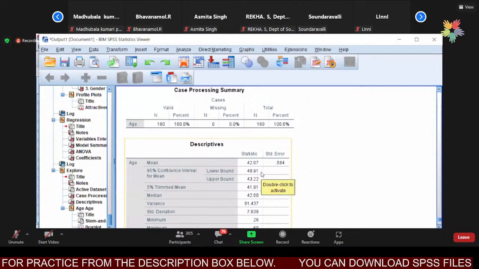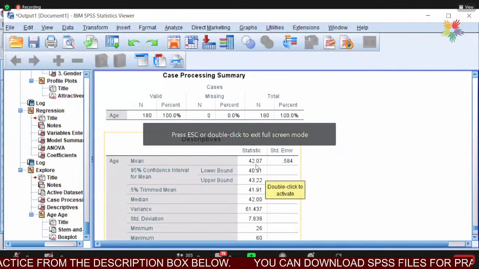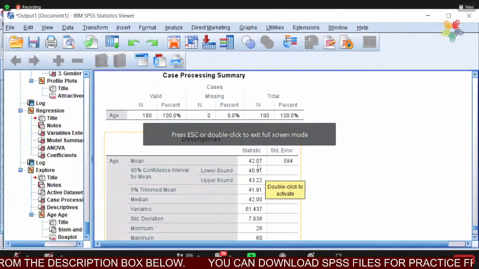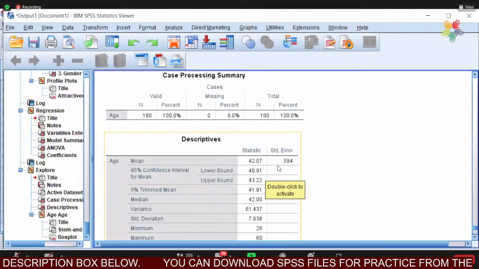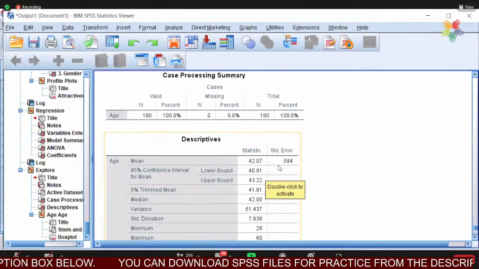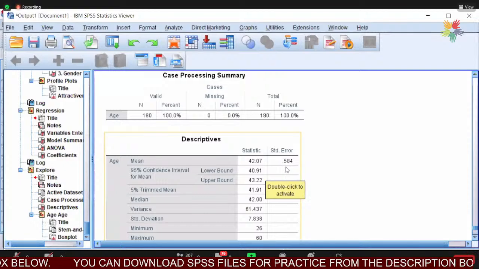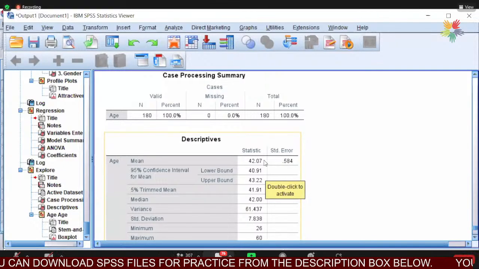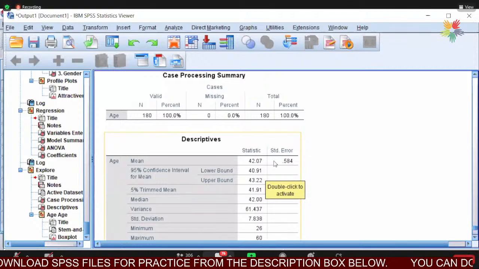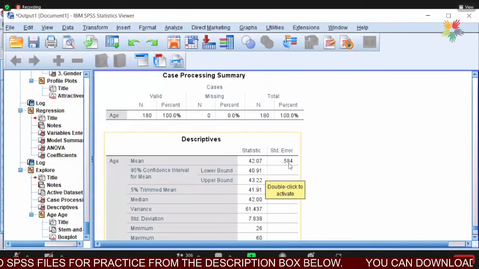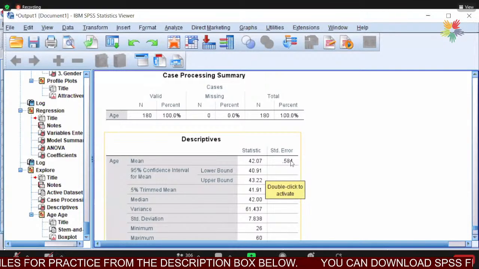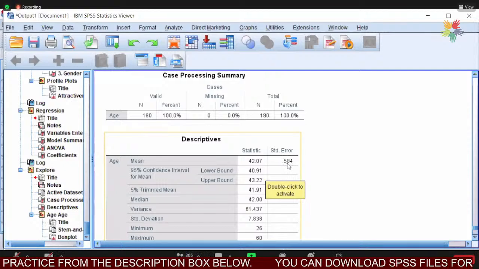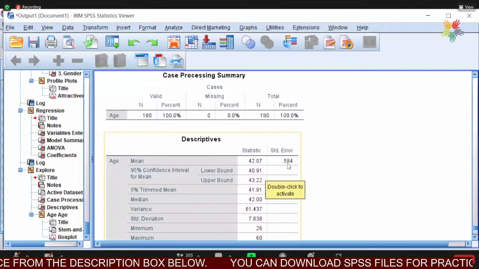So now, 42.07 plus 1.96 into this standard error. Let us assume 1.96 is approximately 2. 2 into 0.5, approximately 0.6, so it will be about 1.2.